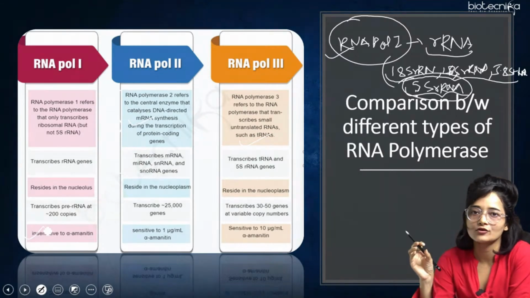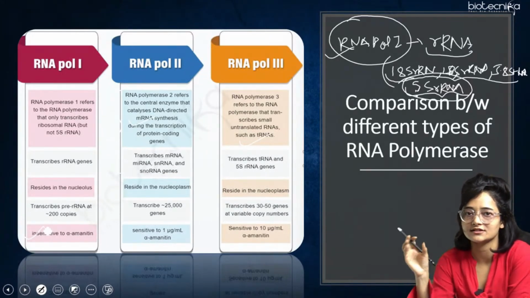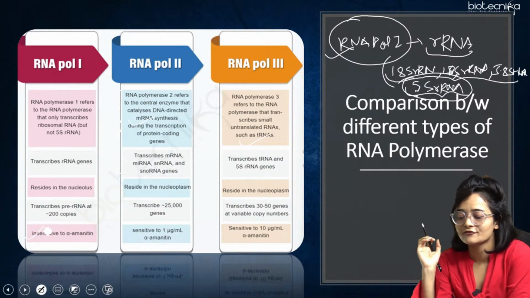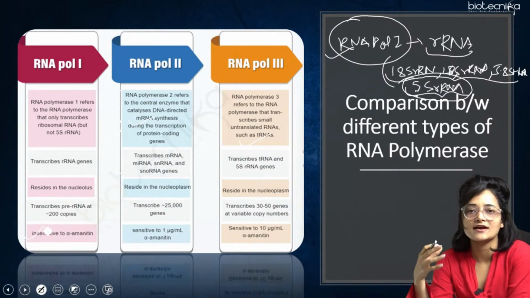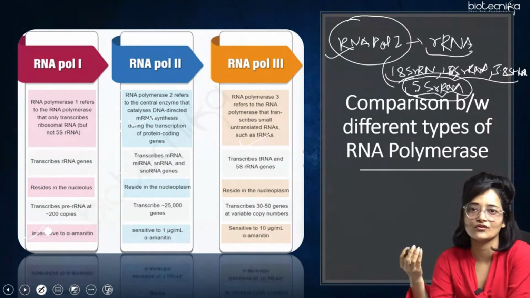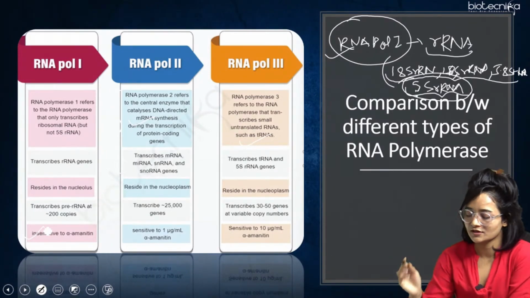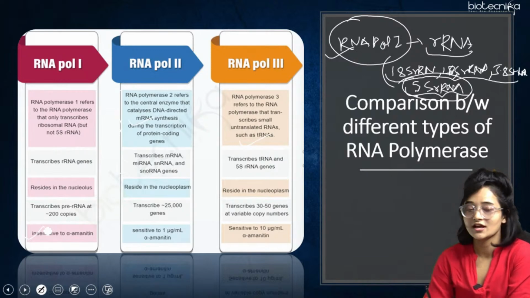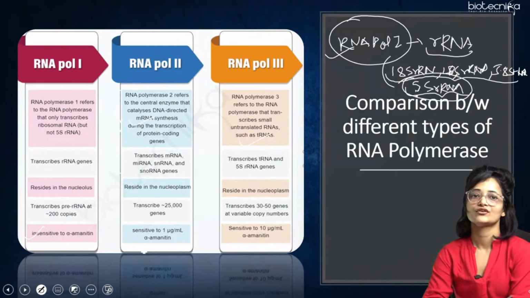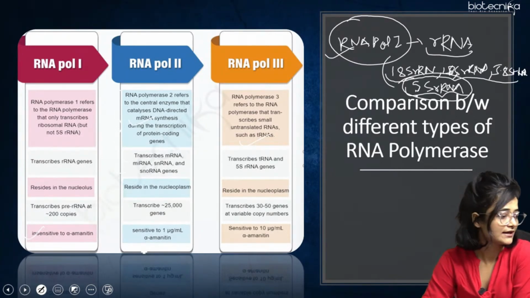So even if a small amount of alpha amanitin is present in the solution, the RNA polymerase 2 activity would be hampered. RNA polymerase 3 requires a little bit more concentration of alpha amanitin for its activity to be restricted, so this is less sensitive. RNA polymerase 2 is very much sensitive, and RNA polymerase 1 is insensitive to alpha amanitin, right?